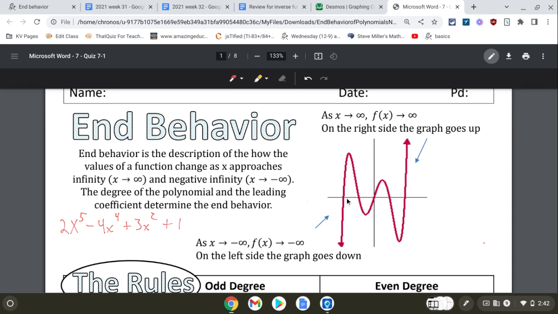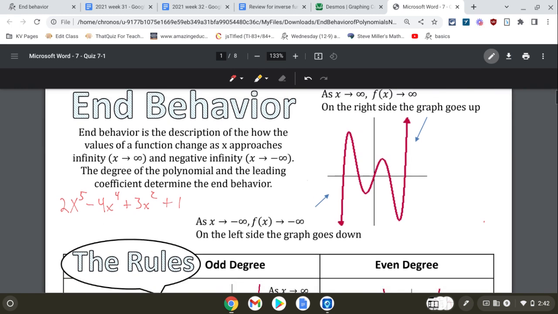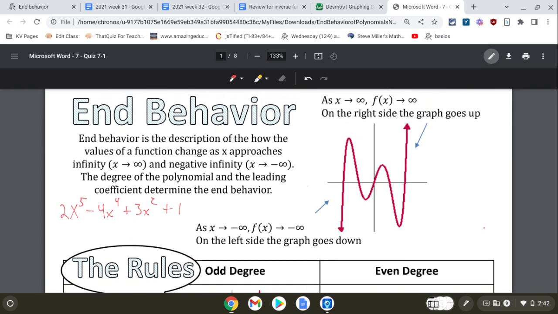But as you go to the left, as you go to negative infinity on the x values, the f of x values, the y values, are decreasing. Okay. So if you have the graph, you can kind of tell what the end behavior is going to be. Now, in practice, whenever it comes to polynomials, there's really only four cases.